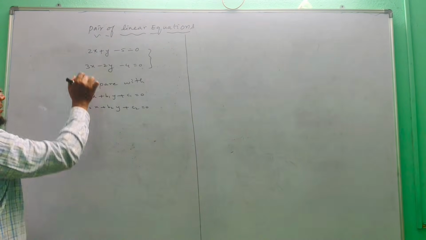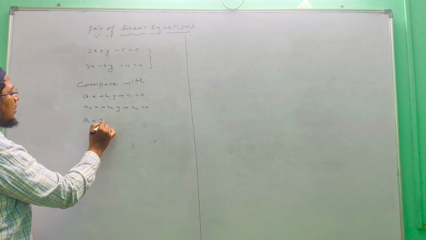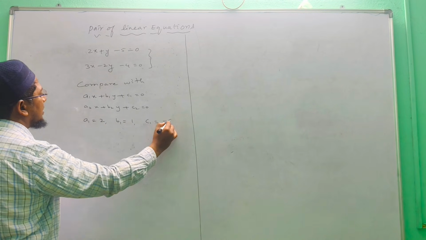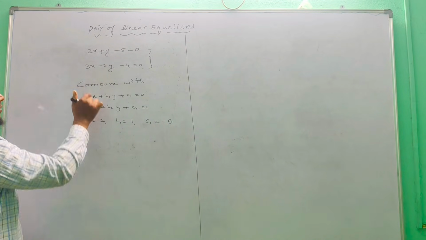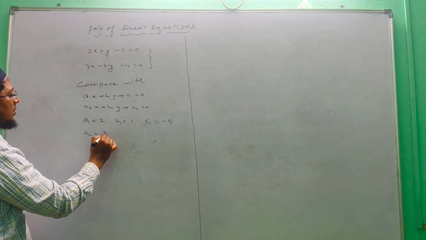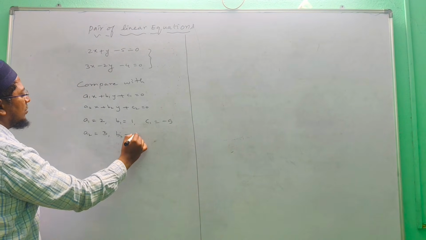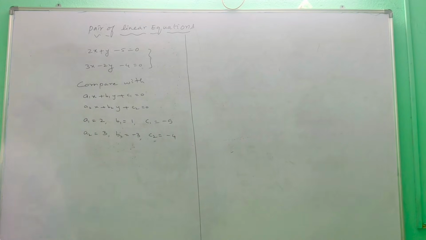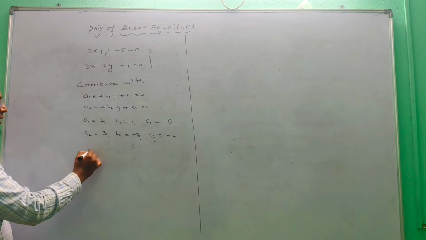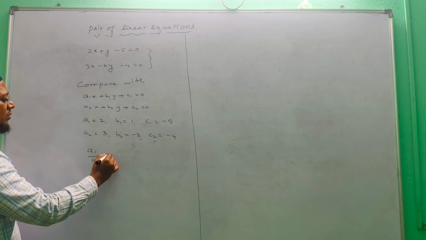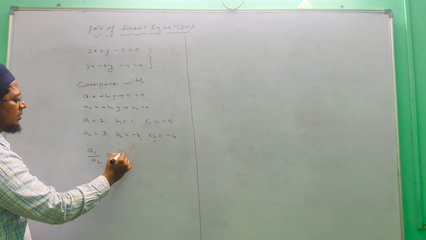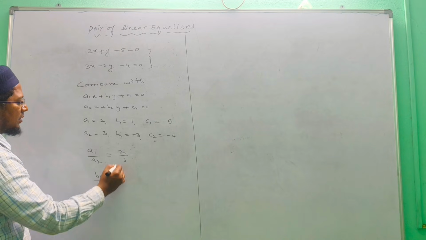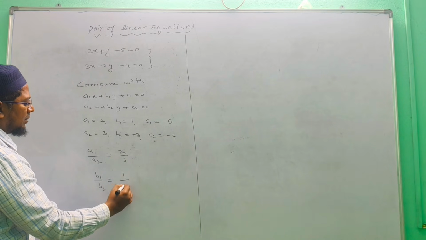So here a1 is equal to 2, b1 is equal to 1, c1 is equal to minus 5. a2 is equal to 3, b2 is equal to minus 2 and c2 is equal to minus 4. Now we have to compare a1 upon a2, which means 2 upon 3, and b1 upon b2, which means 1 upon minus 2.